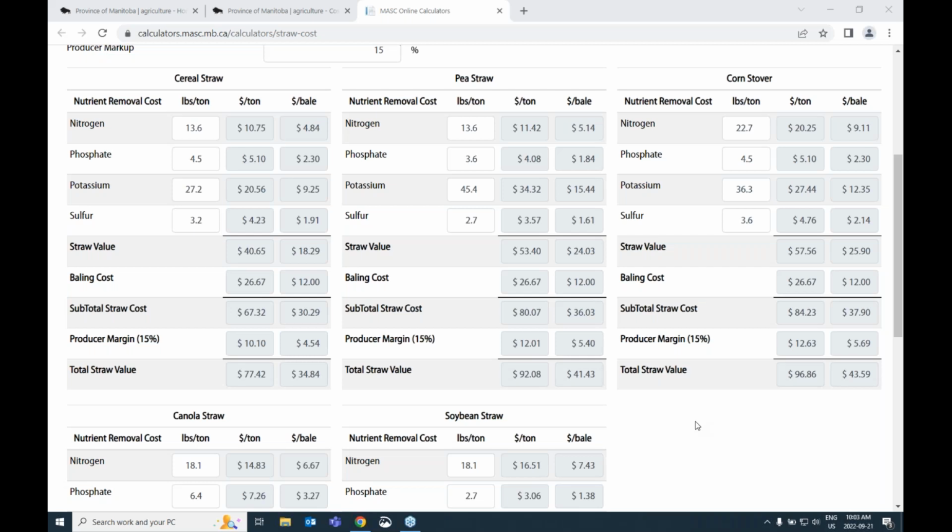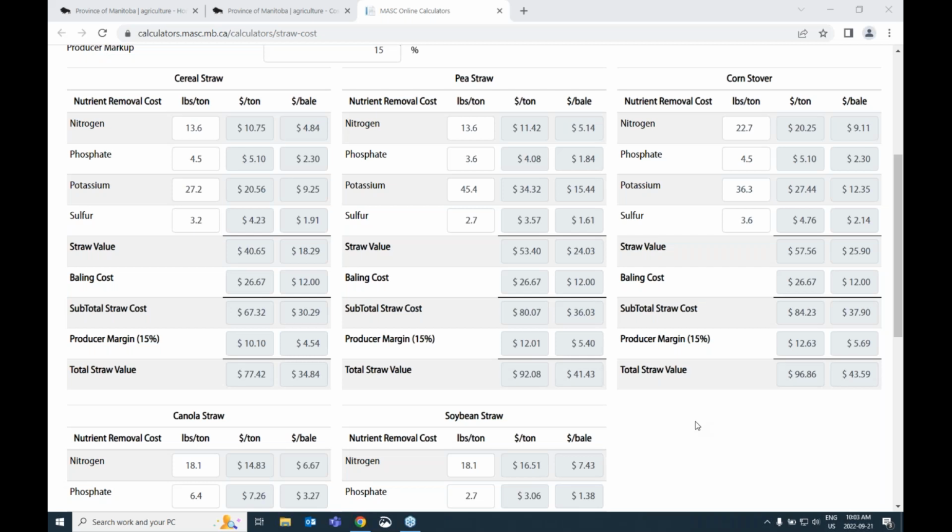Okay, John, does straw removal also affect chloride? Oh boy, probably not very much. Chloride also is very soluble in the plant. And I think that through the maturing process, it probably also is lost or washed out.